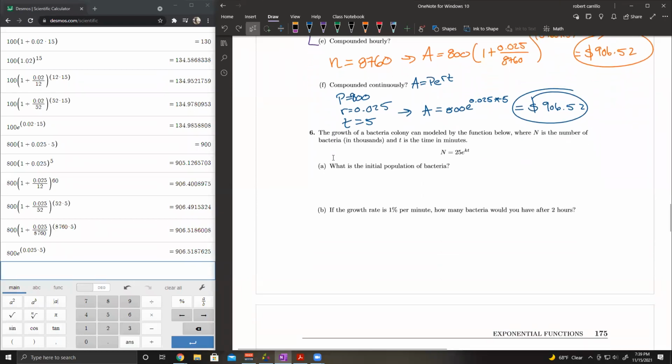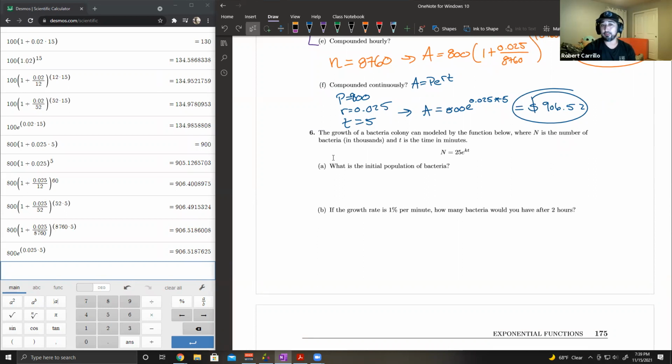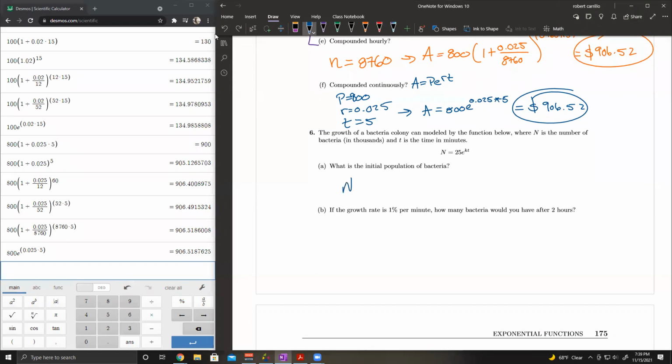Okay. So we want to know, what is the initial population of the bacteria given this model N equals 25e to the kt? If no time has passed, what would we plug in for t? What represents nothing? 0.